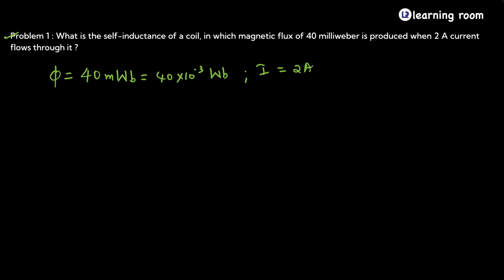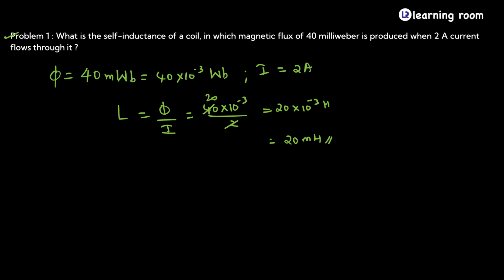What is the self-inductance? We know that phi is equal to L I, so L is equal to phi by I. That is 40 into 10 power minus 3 divided by 2. So the answer will be 20 into 10 power minus 3 Henry, or 20 millihenry.